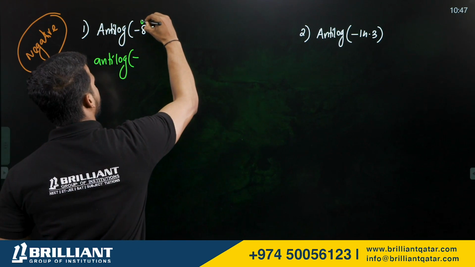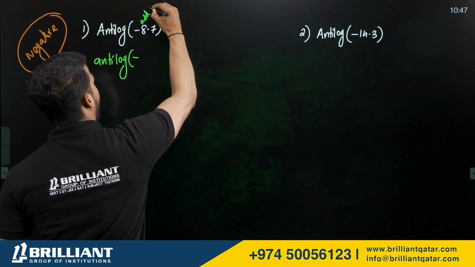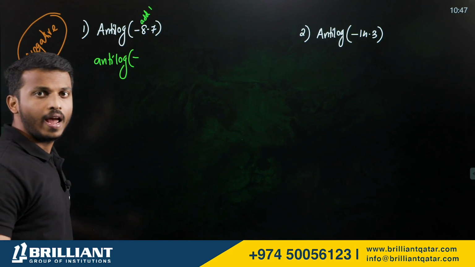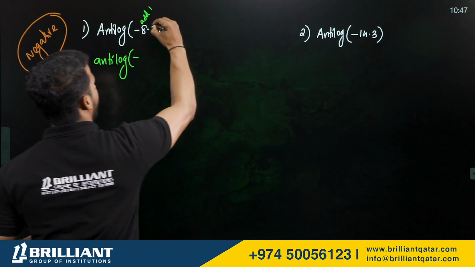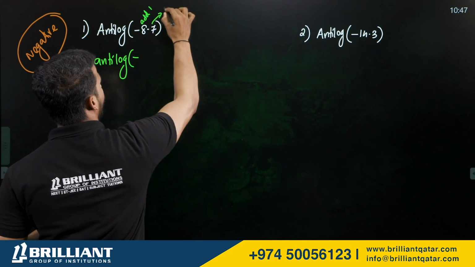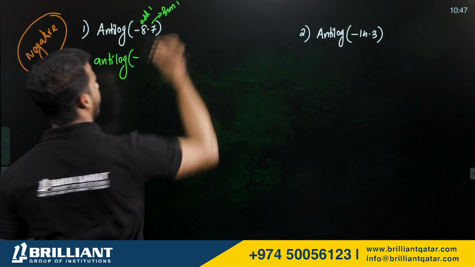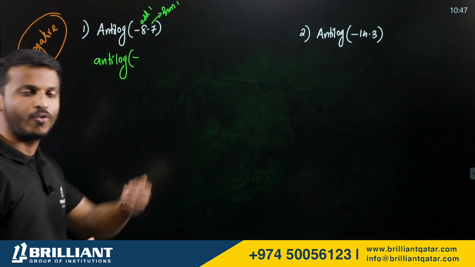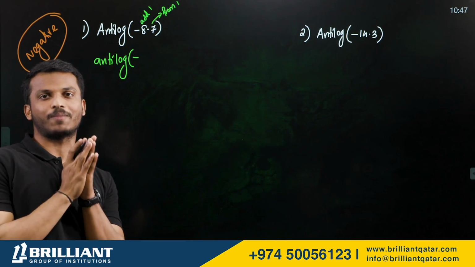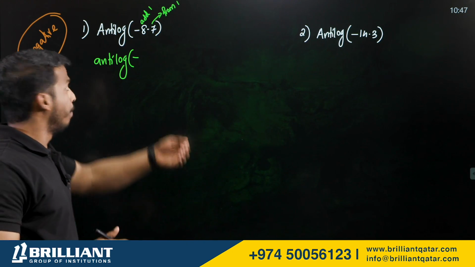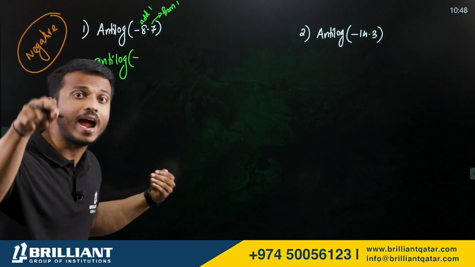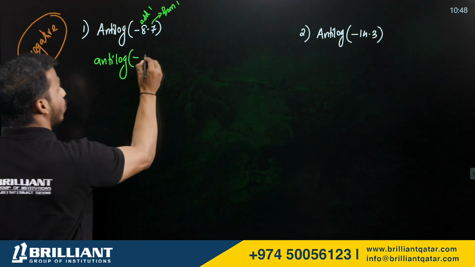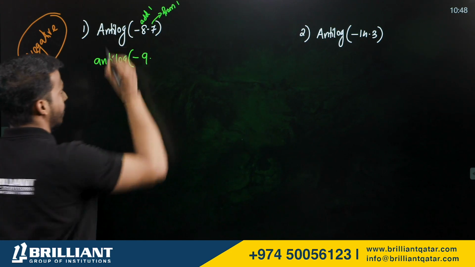So here, before the decimal, add 1, and the decimal value, 0.7, you subtract from 1. This is the only one extra step in negative value calculation. Before the decimal, what is the digit you have? 8. With that, add 1. So 8 plus 1 is equal to 9 point.